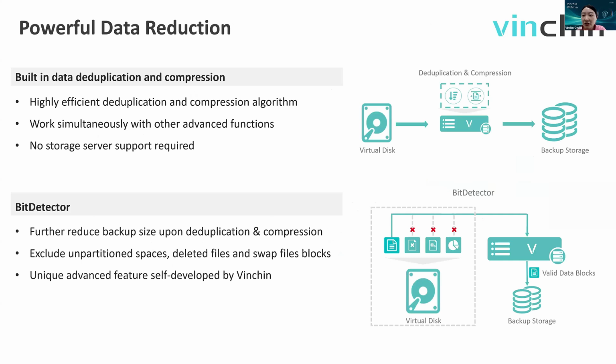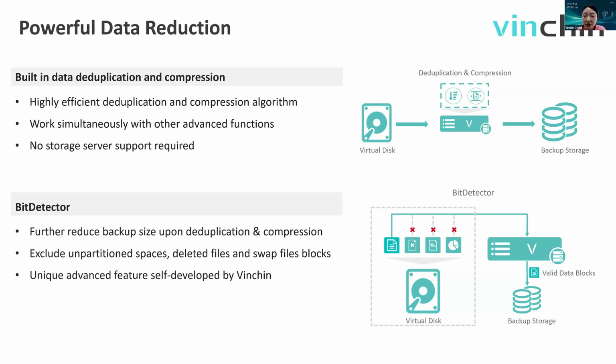And next is Vinchin's powerful data reduction tools. Vinchin supports the data deduplication, data compression, and bit detector, three ways to minimize the data size block. And it is a built-in solution, and there's no limitation for the dedicated storage device.